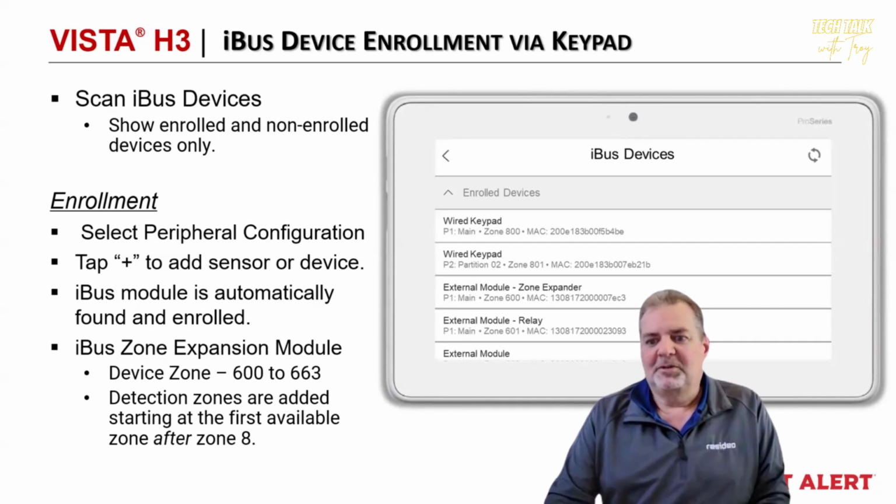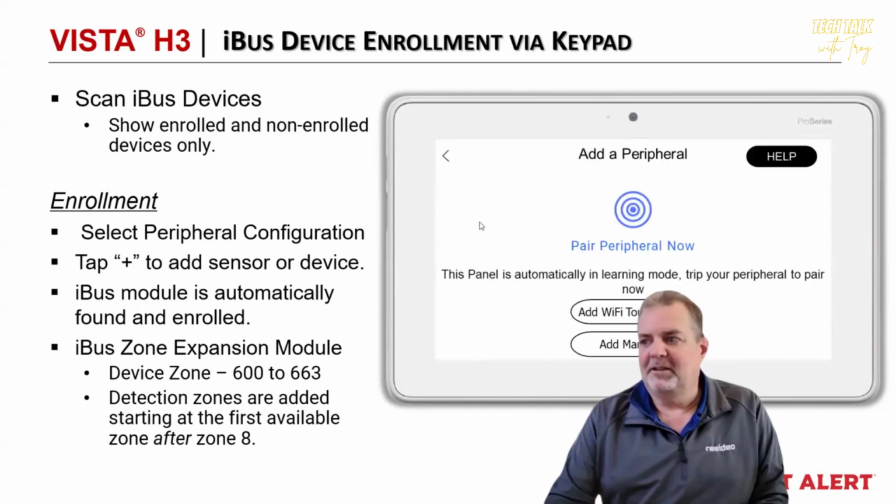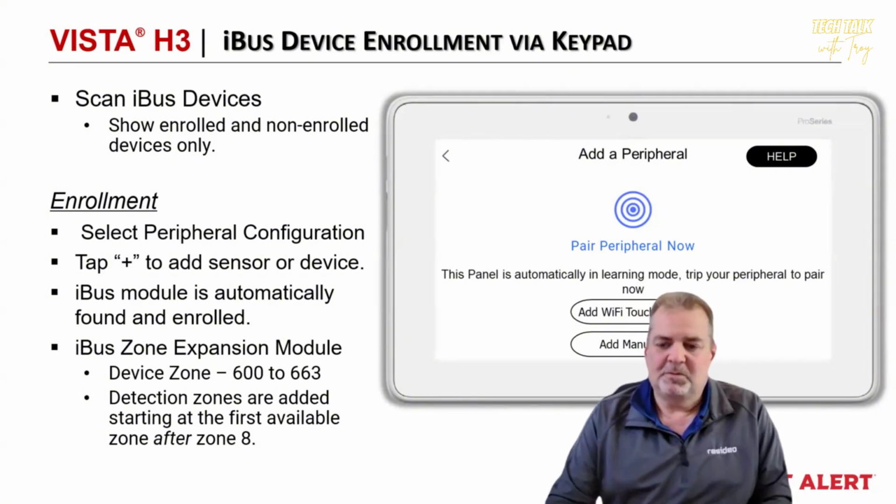So to do the enrollment, you'll go to peripherals and hit the add button like you're adding a zone. For those of you that haven't seen that yet, we'll show it in a future screen in just a little bit, but there's a plus in the top right corner.